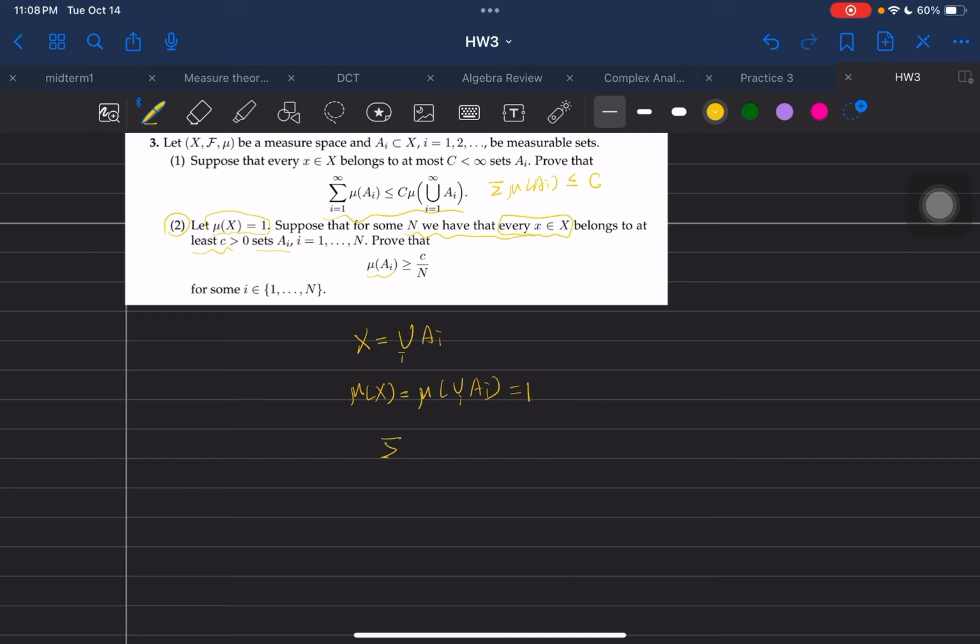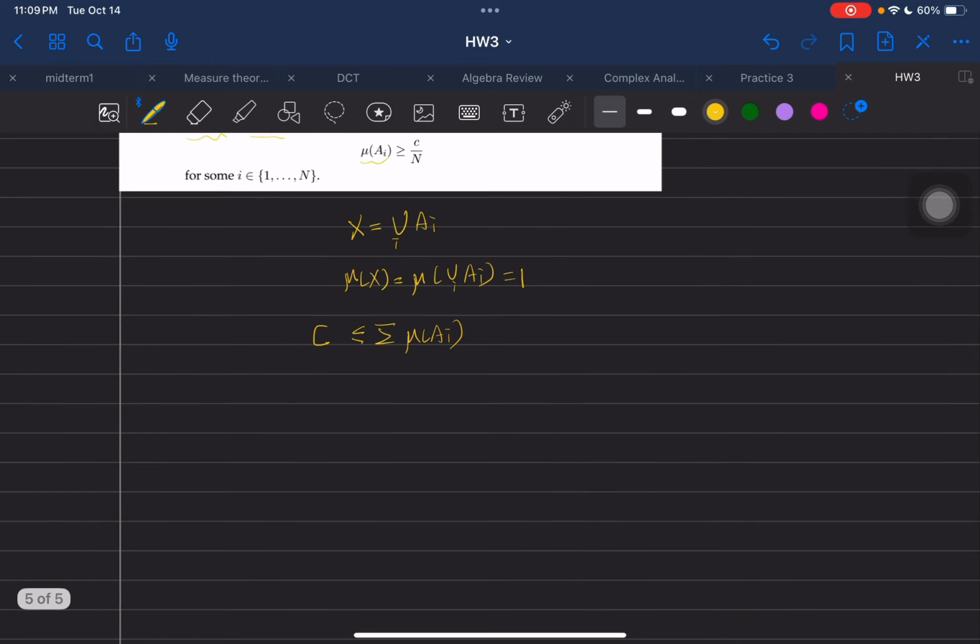Essentially, we're just going to show that this one would be greater than c, as x belongs to at least c sets A_i. So basically, we just use the indicator function, integrate and count.